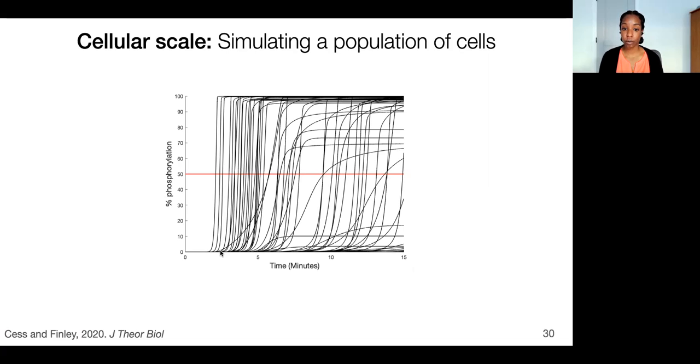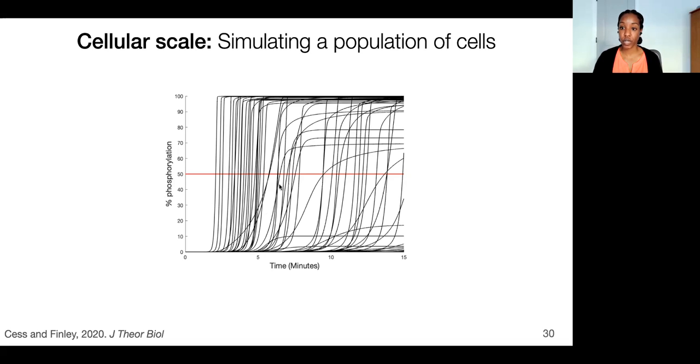Now, how did he incorporate heterogeneity? Well, he changed the initial concentration of the signaling species. That's one aspect of cell-to-cell heterogeneity. We can take from literature what the range of the initial concentrations might be, for example, of ERK or of ZAP70, other species in the model. And we sample from this distribution in order to get a heterogeneous population of 100,000 cells.